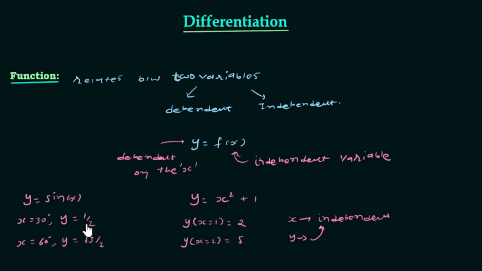So here you can see that y is dependent on the x. x can take any value which is not dependent on the y. So this is all about function. Basically you should remember that function is just a simple concept: a function relates two variables, one is dependent and another is independent. Now let us move to the differentiation.